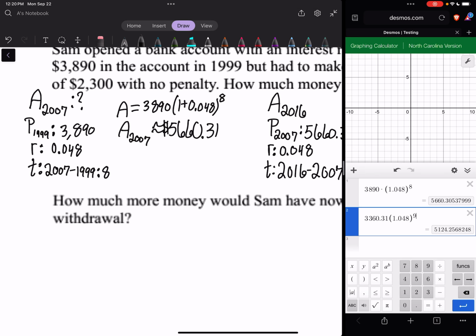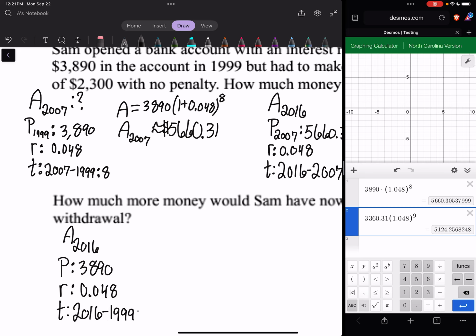So this is my complete amount in 2016 with my initial investment of $3,890 at the rate 0.048, and my time is 2016 minus 1999, so 17 years.